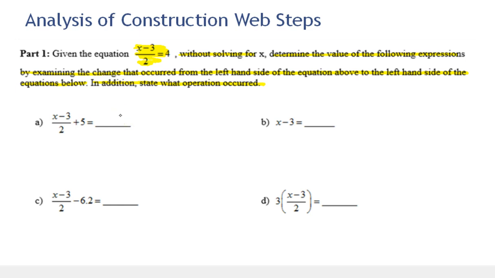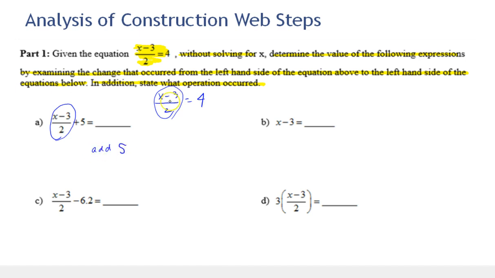Okay. So notice, I'm going to put this one right here. Here we have the x minus 3 over 2, our last expression, or our expression from here, and we added 5 to it. So the operation that happened from here to here is adding 5.